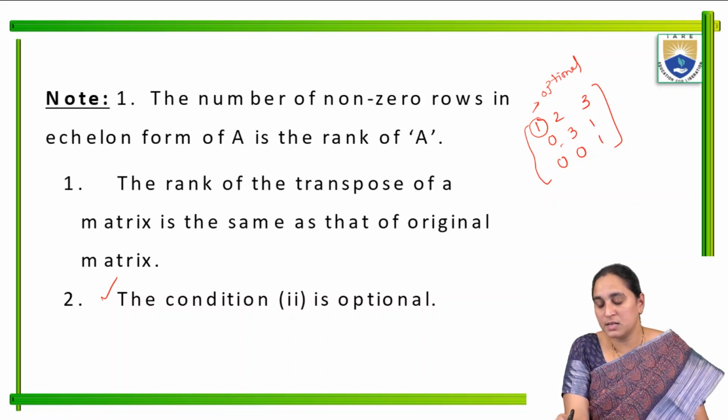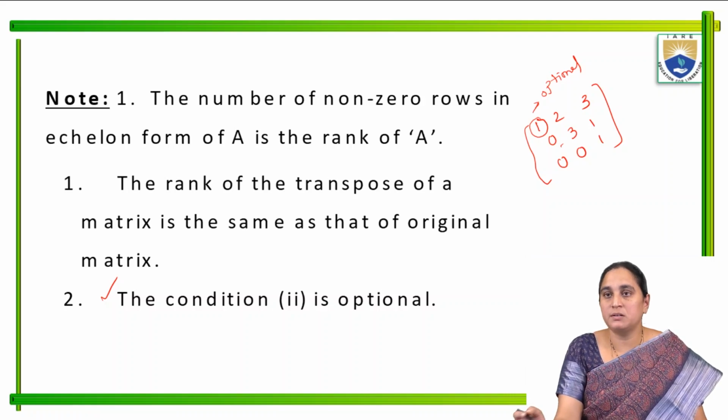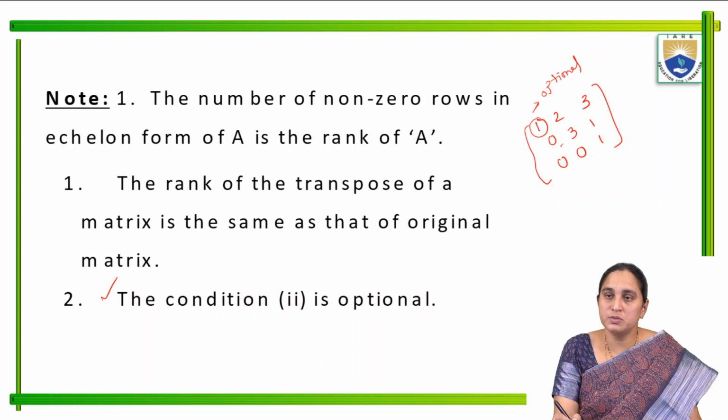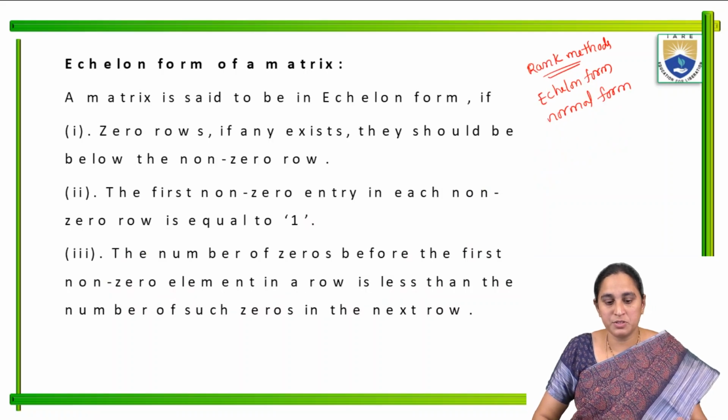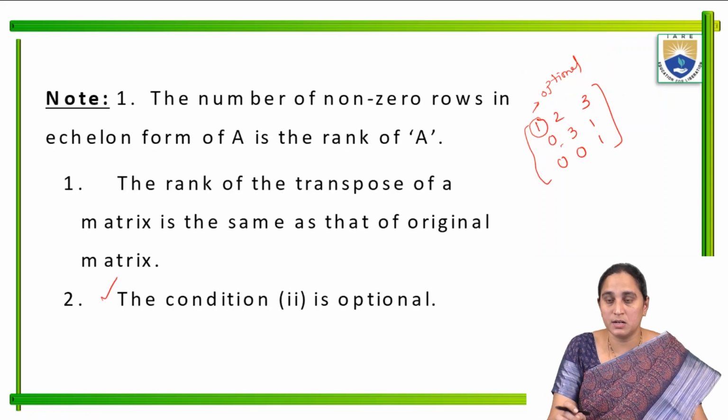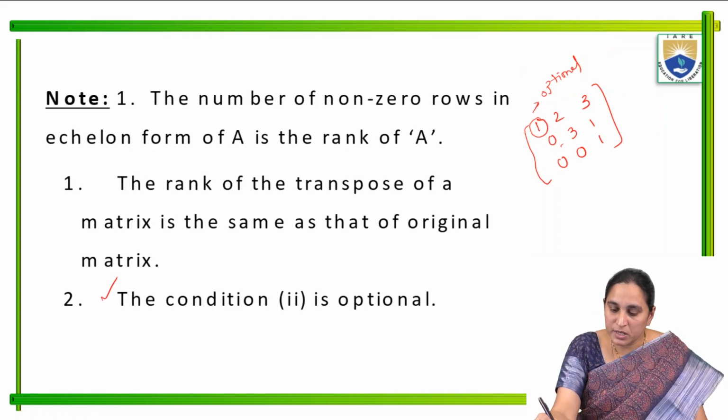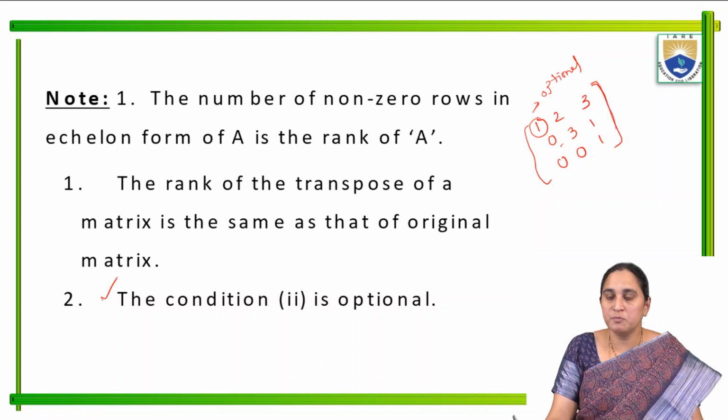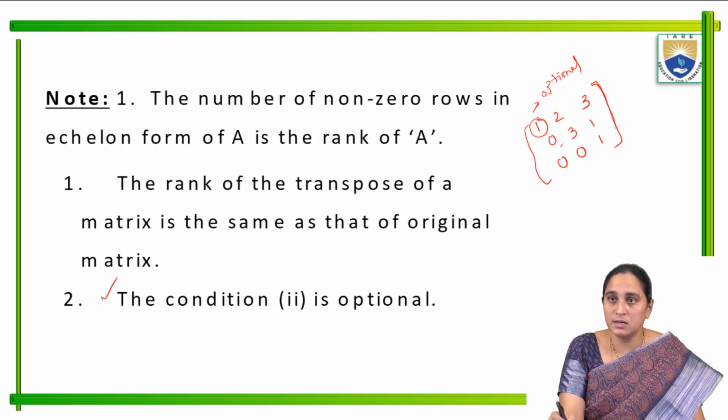Simply we call this reducing the given matrix to upper triangular form. What is the basic definition for this? This is the basic concept. Through the definition, we simply have to reduce the matrix to upper triangular. Upper triangular means below the diagonals are zeros.